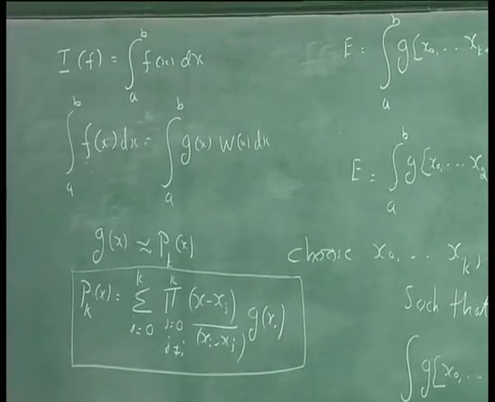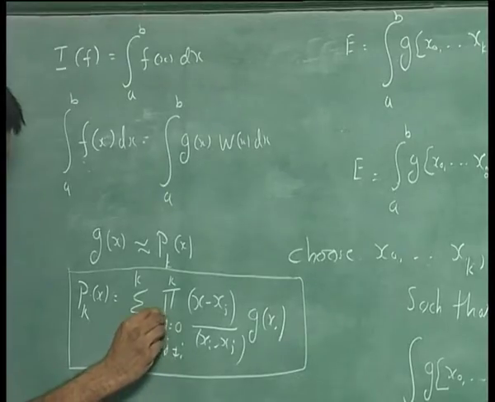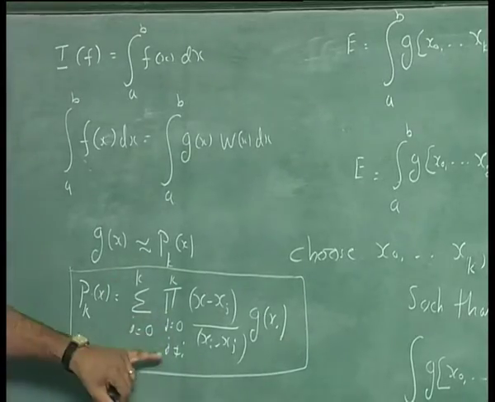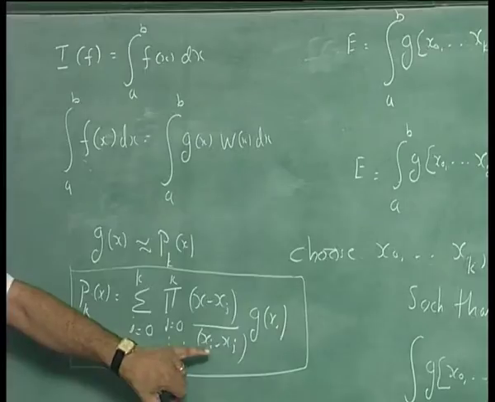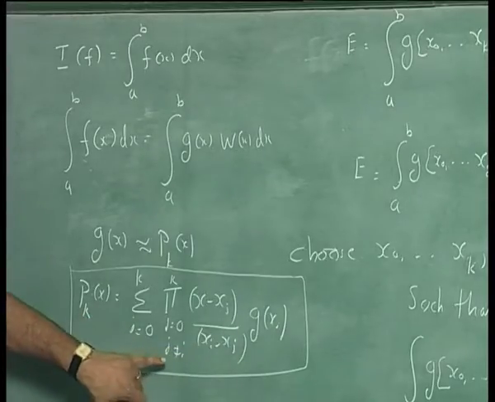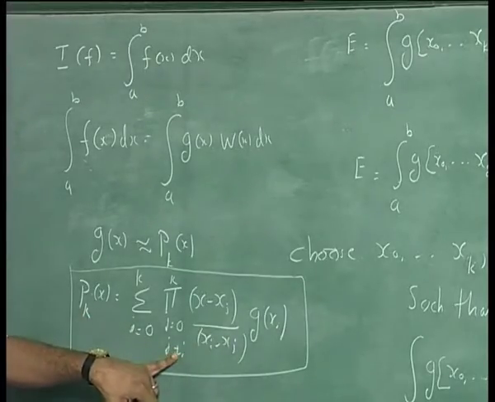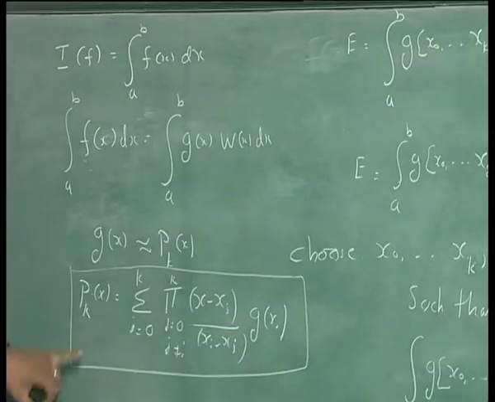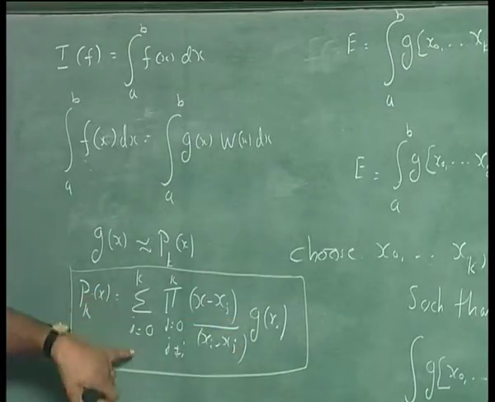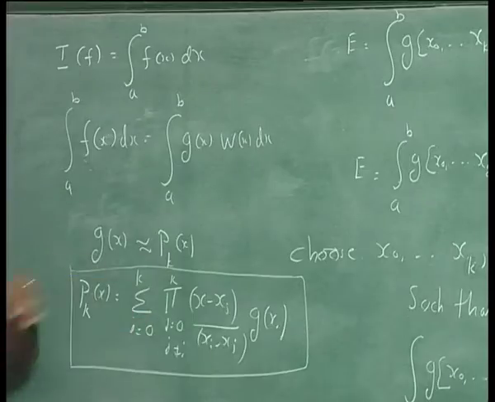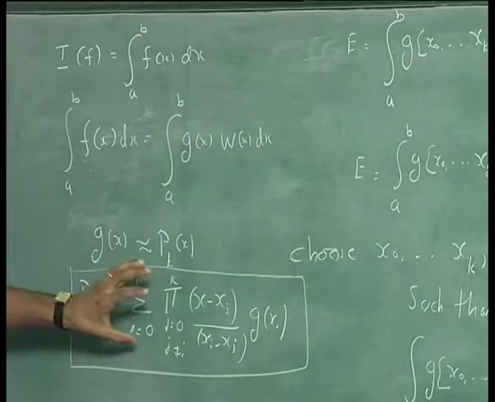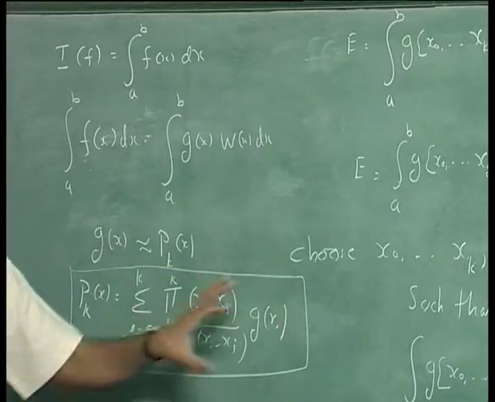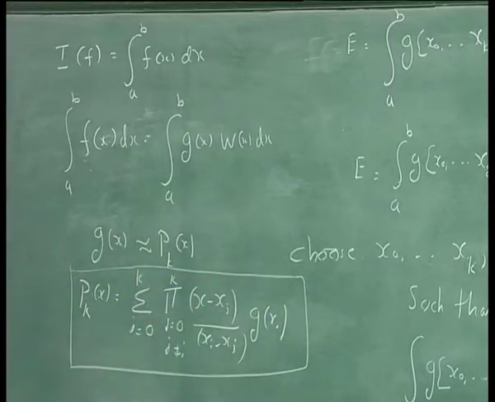We will write that as the product j going from 0 to k of x minus xj by xi minus xj, obviously when j is not equal to i, into g of xi. Sum over all terms of i going from 0 to k. So now we have a sum of a series of terms, all of kth order, that is the polynomial pk of x.